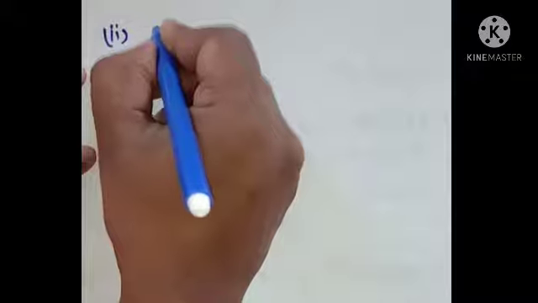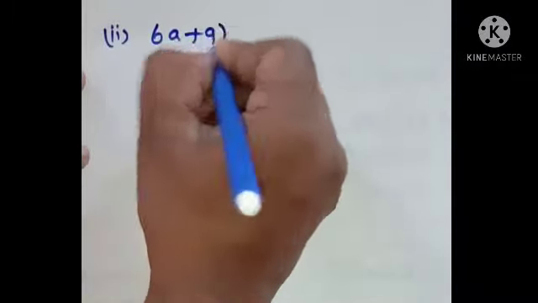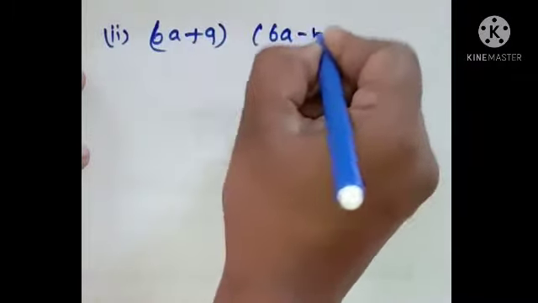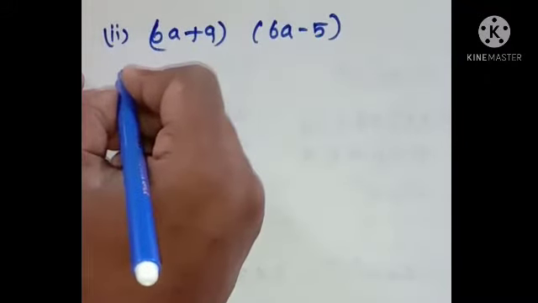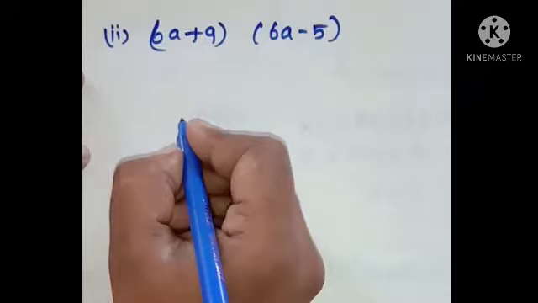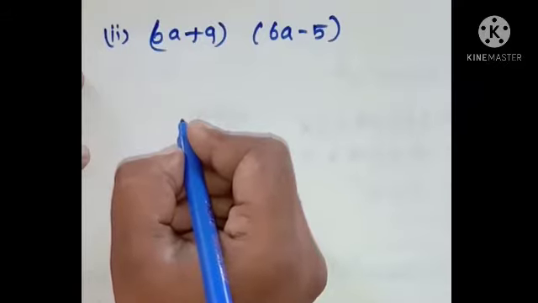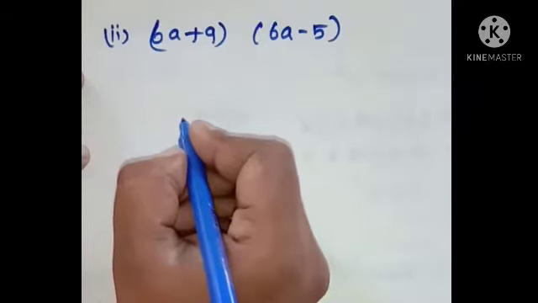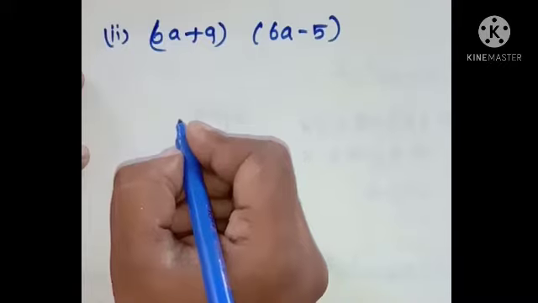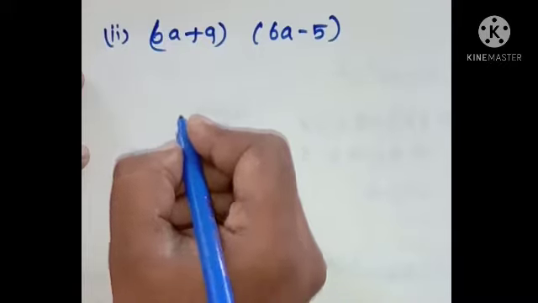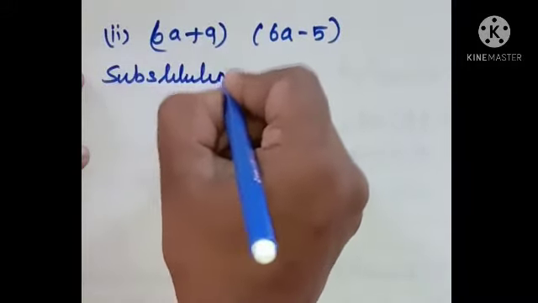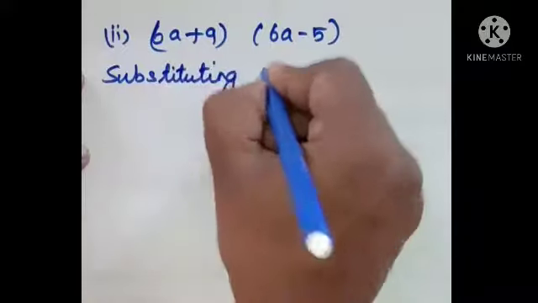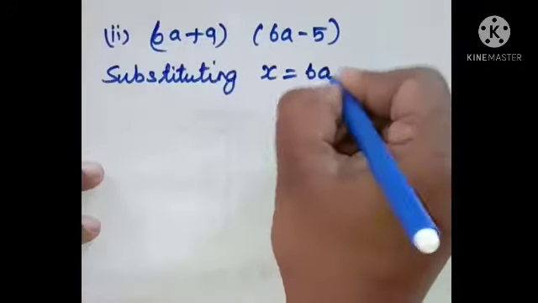Second one, (6a + 9)(6a - 5). Here we are using the identity (x + a)(x + b). What is the expression of the identity? Yes, it is x² + x(a + b) + ab. Now substituting x = 6a.